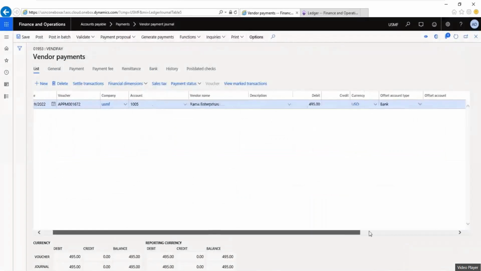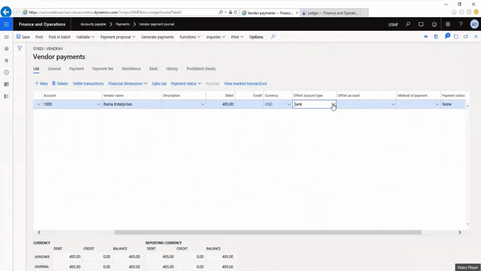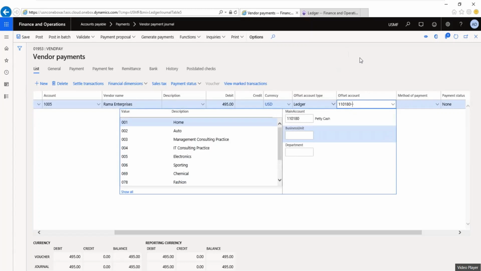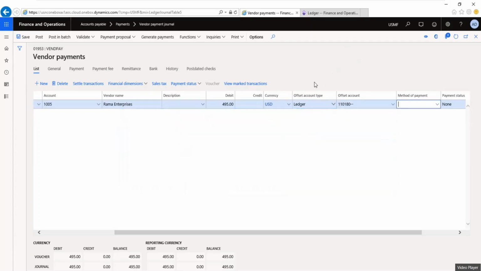And here there are 2 options. One is cash, one is bank. If it is cash, you need to select the ledger and then select petty cash. It is 110180, the cash account. It will show you 110180, whatever the cash account is. Otherwise, you can select bank also.